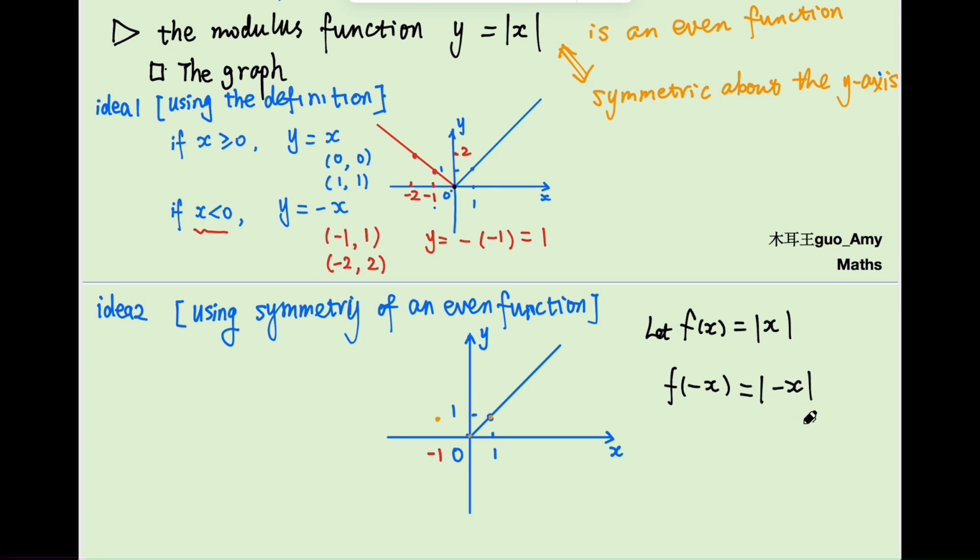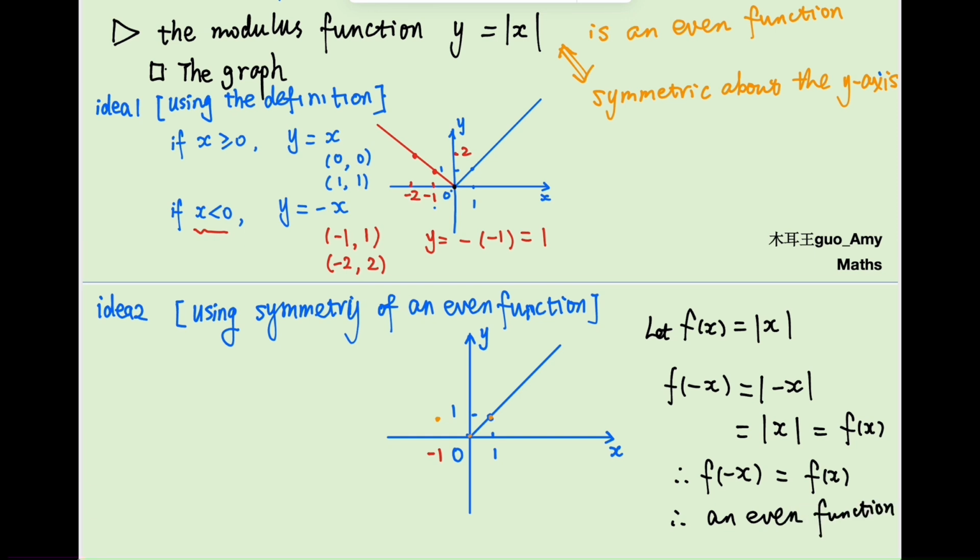This is the same as the modulus of x. Therefore, it is f of x. It means we have verified f of negative x is equal to f of x. Therefore, the function is an even function.